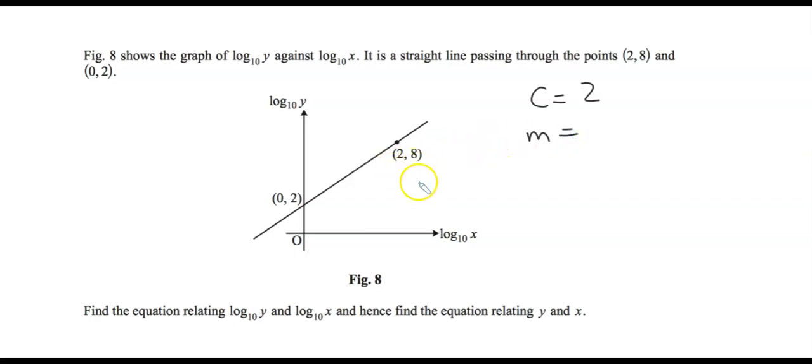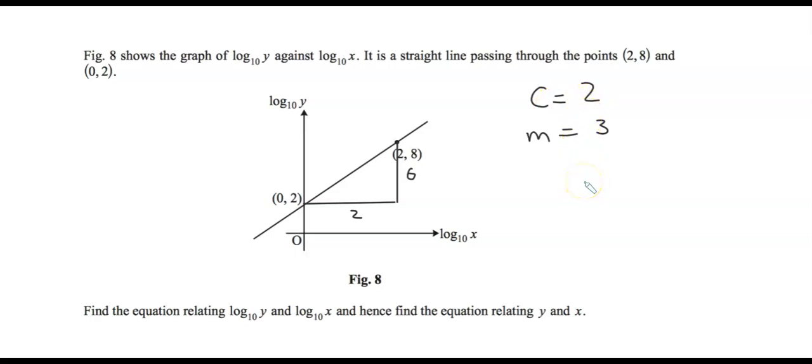So that would simply be change in y over change in x. So we can construct some kind of right angle triangle underneath and just do the change in y over change in x. So this height here will be 6 and this width here will be 2. So 6 over 2 is 3. Okay, so the equation of this line has a gradient of 3 and a c value of 2.